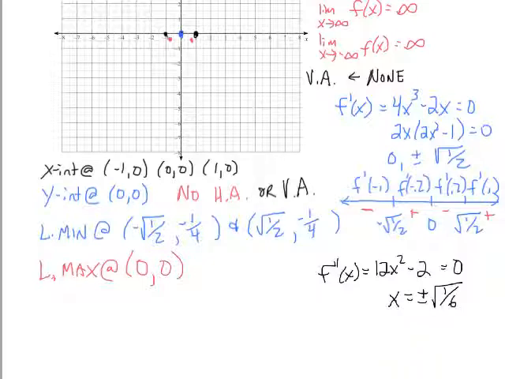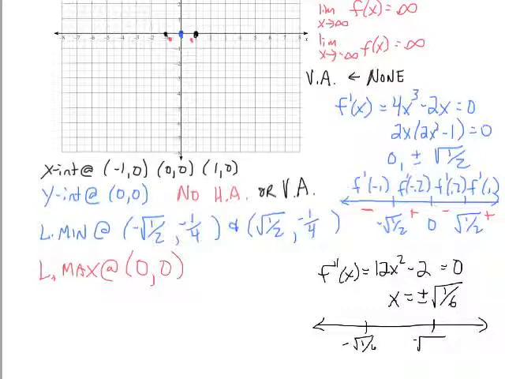So there's our turning point for concavity. And so what we want to do is, again, create a number line with root 1/6 as the points that we test.